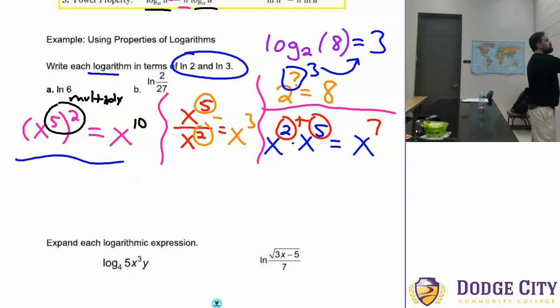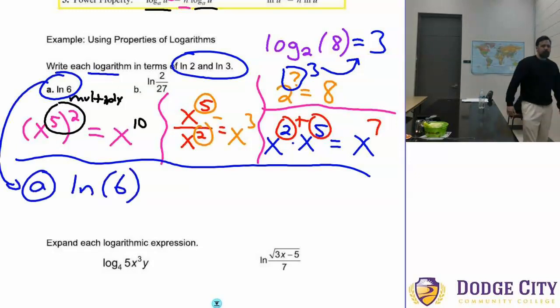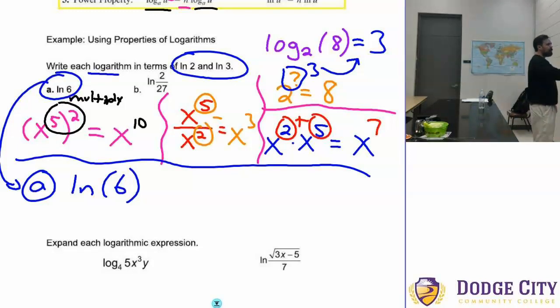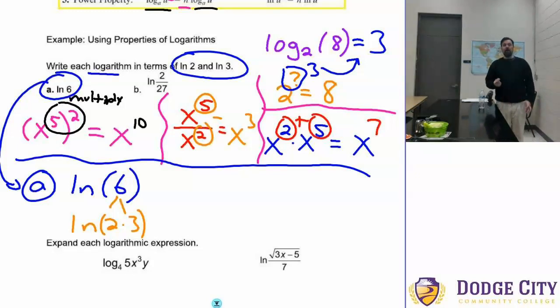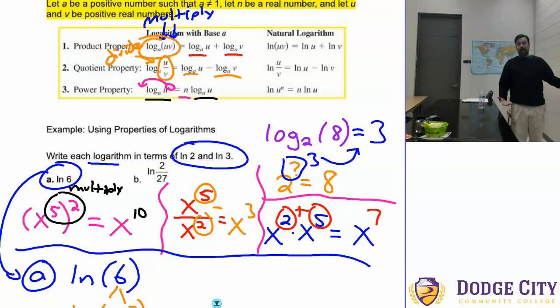All right, so let's look at example A down here. We have natural log of 6. We want 2's and 3's, so I think this is a pretty obvious one. You want to rewrite 6 as 2 times 3. Okay. And now, because we're rewriting it as two things multiplied together, property number 1 is available now, right? We have log base e, in this case, natural log, of 2 times 3, right?